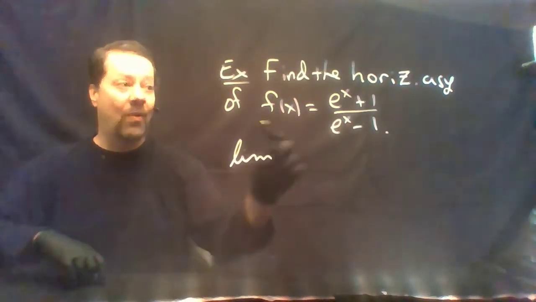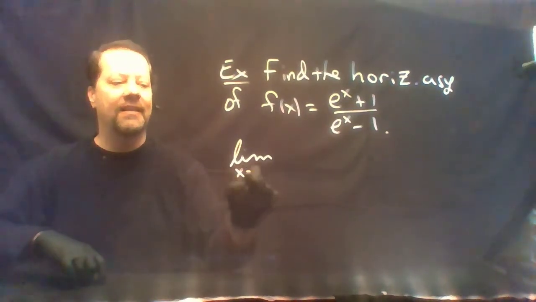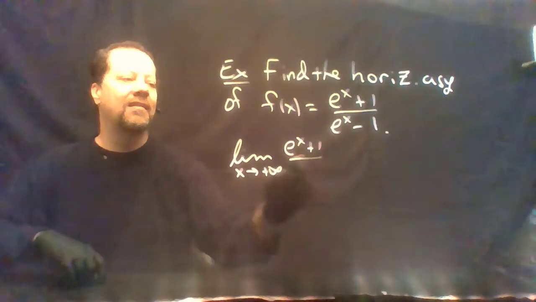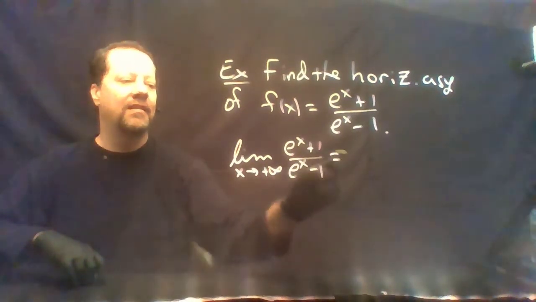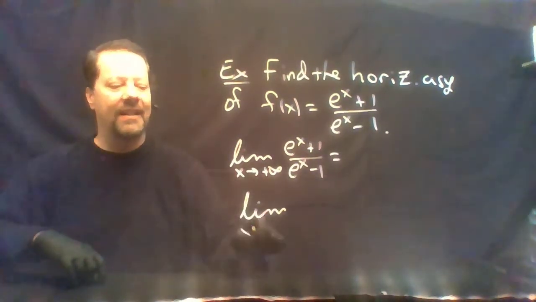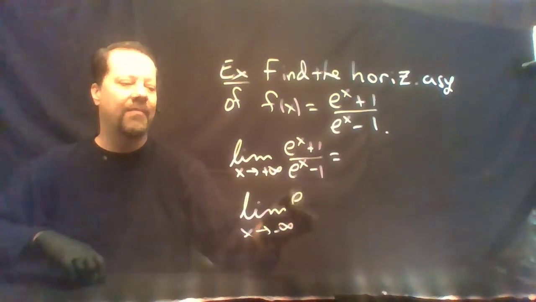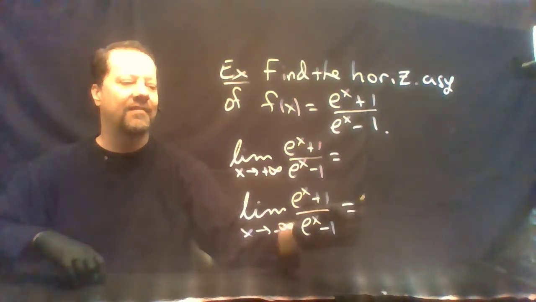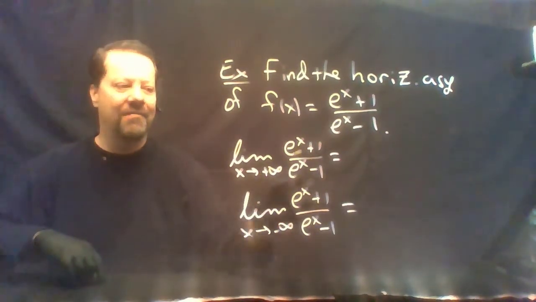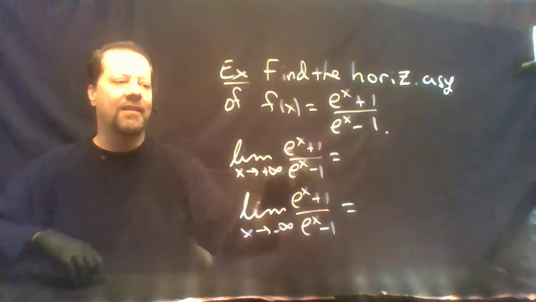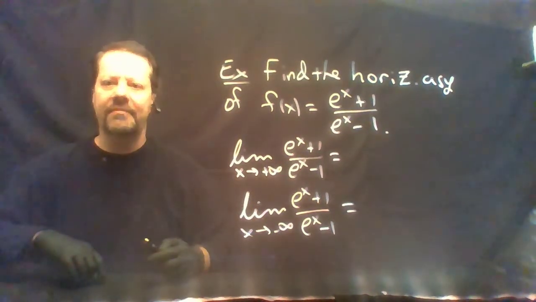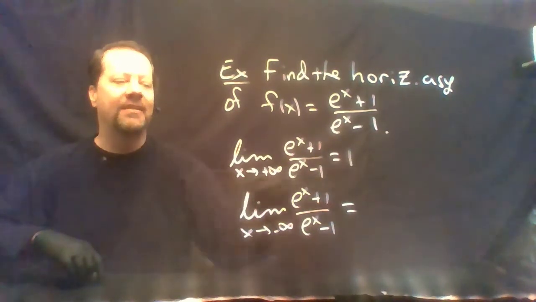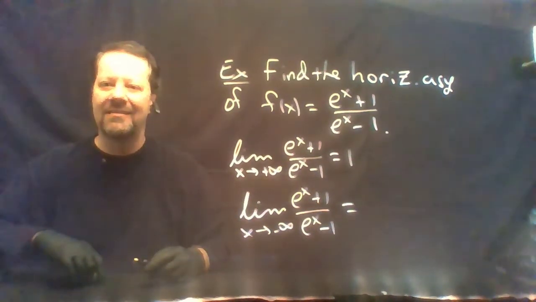To determine the horizontal asymptotes, we have to take the limit as x goes to plus infinity and also the limit as x goes to minus infinity of the function. As x goes to plus infinity, these plus 1s won't matter. The e to the x terms blow up. They go to infinity, and at the same rate, top and bottom. So the limit will be 1.